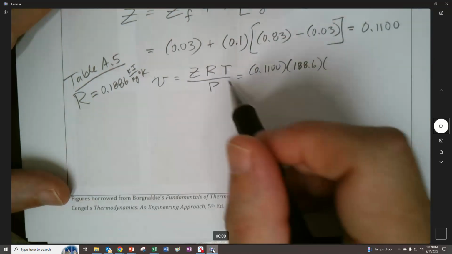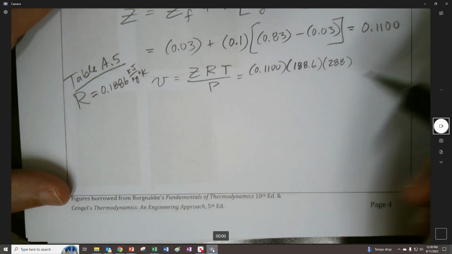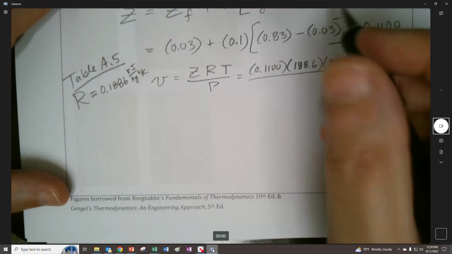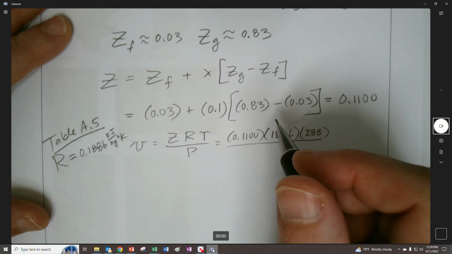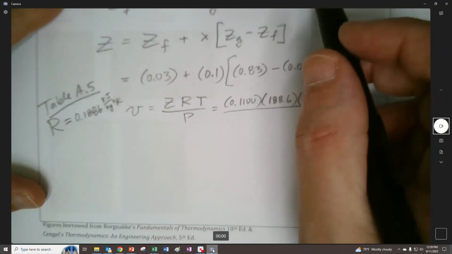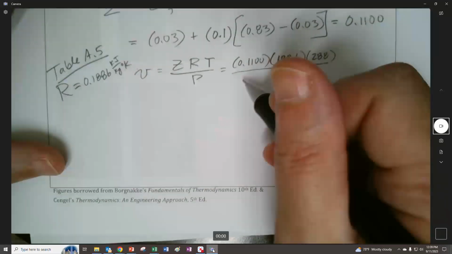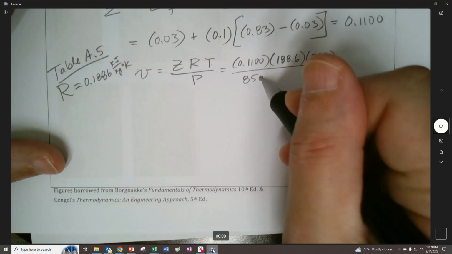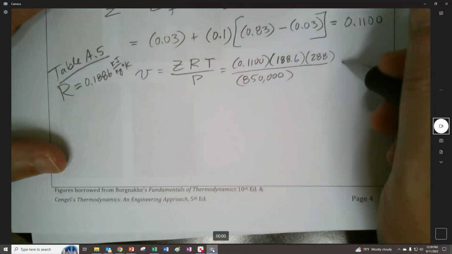And then I'm going to multiply the temperature, which is 288 Kelvin, and divide it by, what do we say? We needed the pressure first, right? So we decided that it was going to be 850. So go 850,000 to get newtons per meter squared.